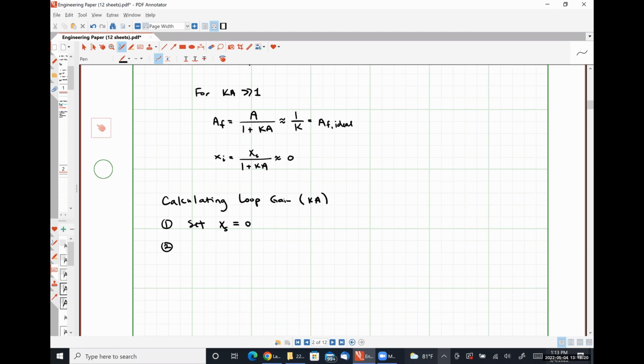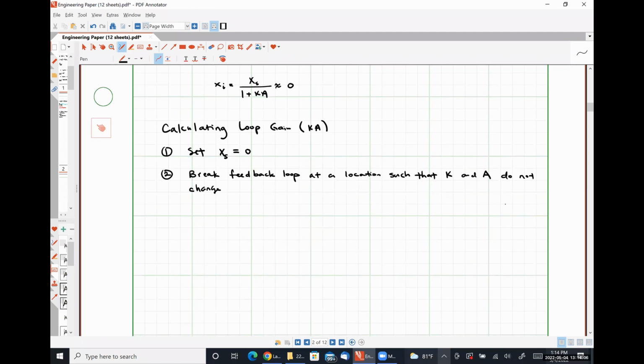Step 2, we break our feedback loop at a location such that K and A do not change. So effectively, we have to make sure that our feedback network isn't going to load the amplifier. Okay.